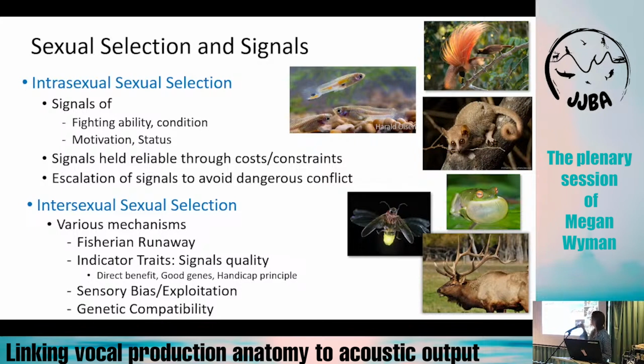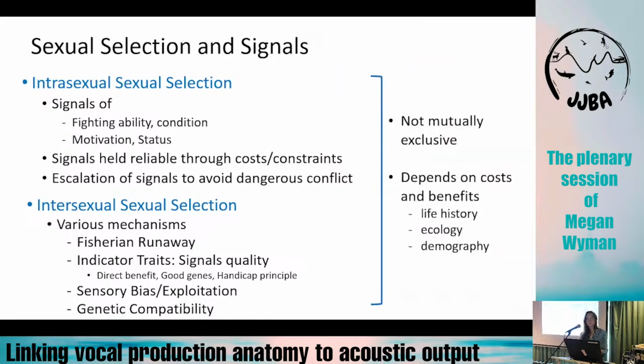For instance, here in the guppies, you have the male that has these orange spots that attract the female, and it's thought that the female attraction is based on her interest in orange as a food signal, and so the male is sort of co-opting that and attracting the female based on a sensory bias she has for something completely different. You can also have signals that are driven by trying to signal genetic compatibility between species.